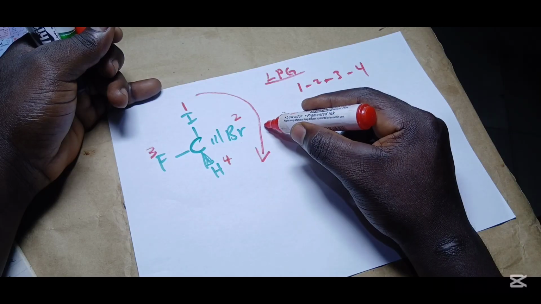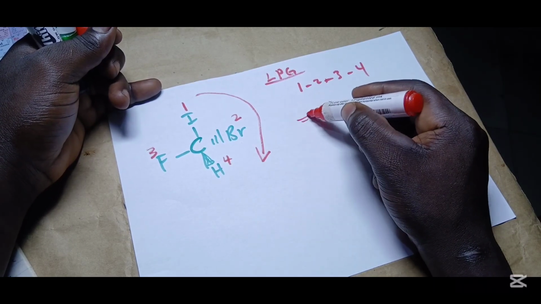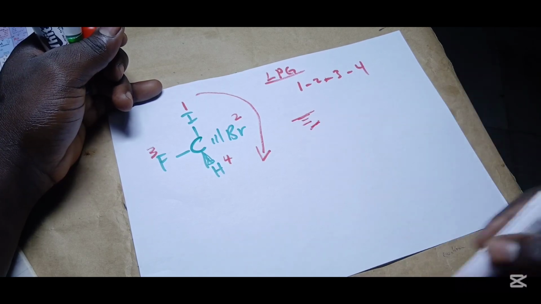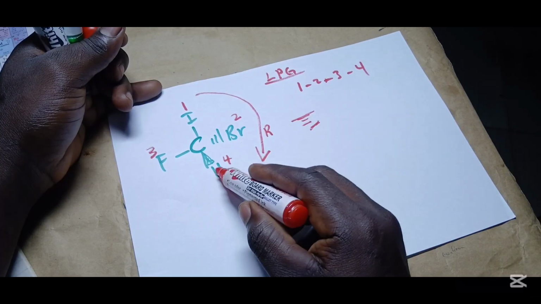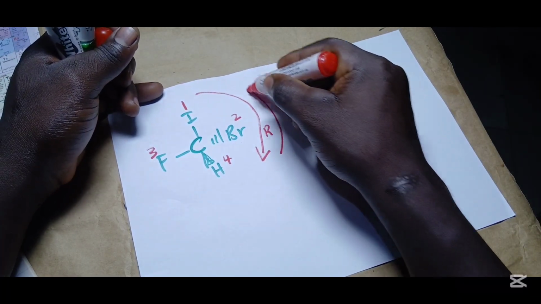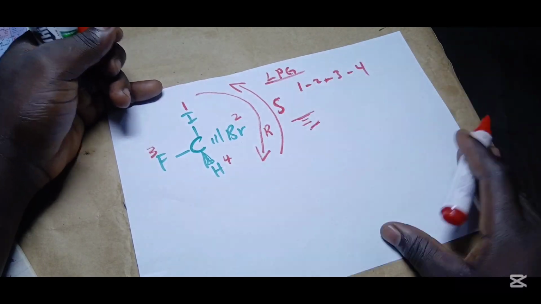But before we indicate the group, we look at our least priority group. If it is on the dash wedge, then we have no problem. But if it is not on the dash wedge, we have to reverse the configuration. So this is an R group, but our least priority group is not on the dash wedge. So we have to reverse the configuration, which is an S. That is what you should do.